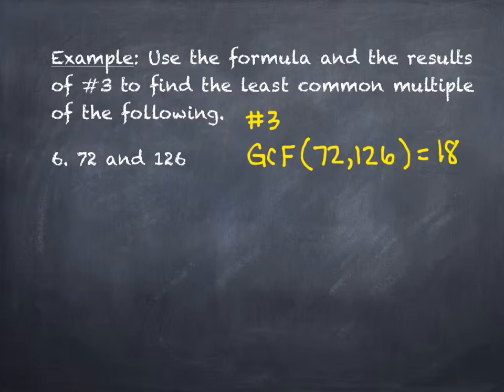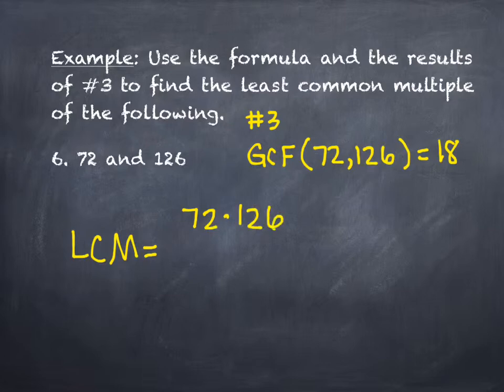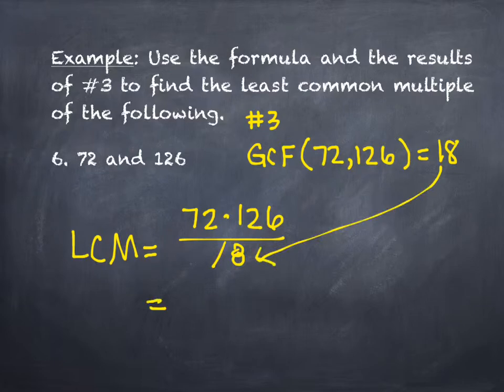Okay. So according to this formula, the least common multiple can be found by taking the product of 72 times 126 and dividing it by the greatest common factor, which was 18. I can't do any of that in my head. All right, so somebody tell me what 72 times 126 is. Just the top for now. 9,072.